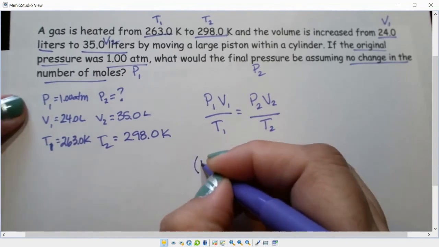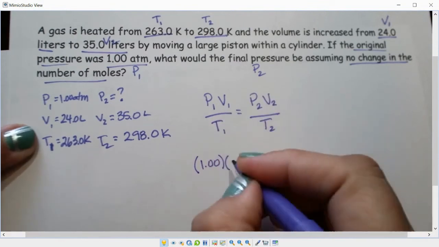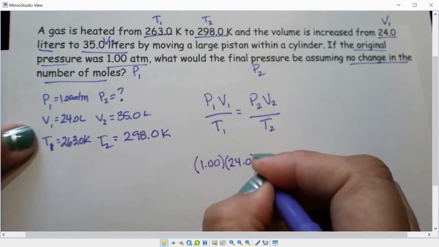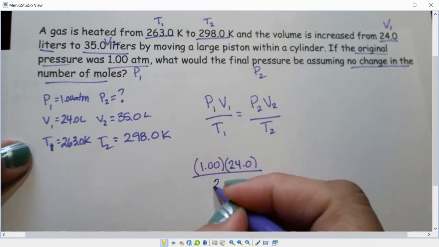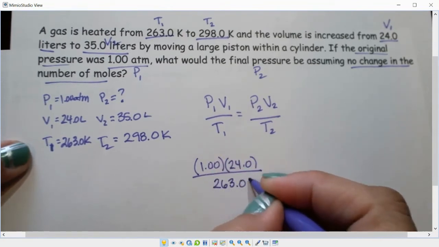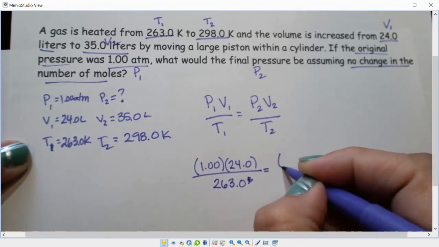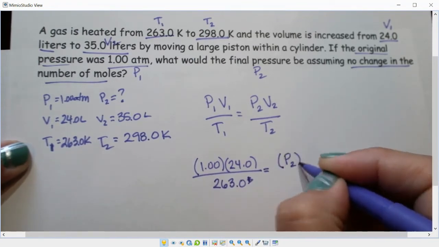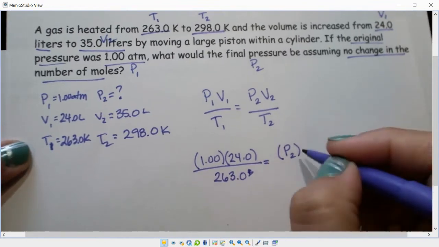So P1 is 1 atmosphere. V1 is 24 liters. And all of that is divided by T1, which is 263 Kelvin. We set that equal to P2, which is our unknown. So you can write P2 or you can write X if that makes you happy.